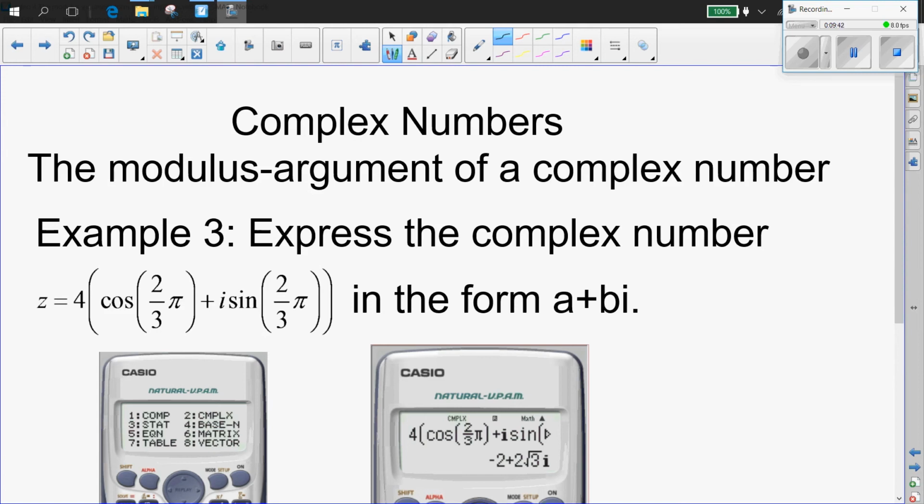But if you enter z as it's written there directly into your calculator, you can get it in the complex form a plus bi. For you to do that, you have to first make sure that your calculator is in complex mode.